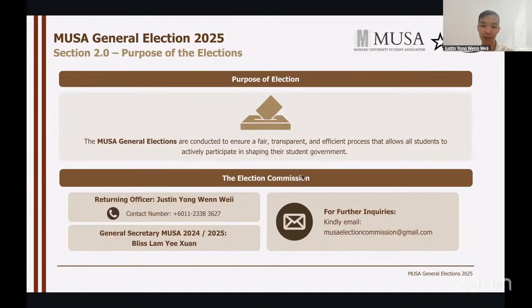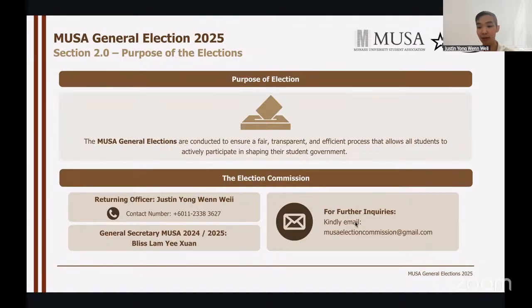In terms of this year's election commission, just to introduce myself, hi, I'm Justin. I'll be the returning officer. Joining us also today in the live stream is Bliss, the General Secretary for MUSA 2024-2025. You can contact us either by email or you can also WhatsApp me. My number is here, so you can take that down, and I'll be sharing that later on again.